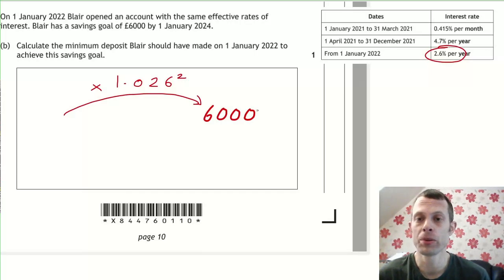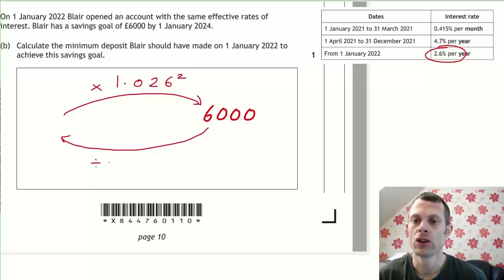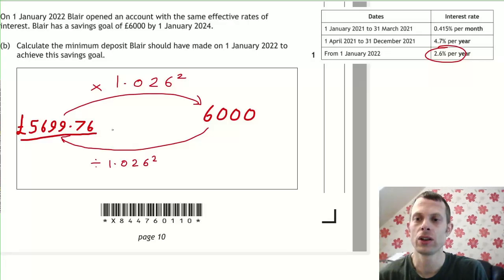Well, what's the opposite of multiplying by 1.026 squared? Dividing by 1.026 squared. So to get the initial amount, you take 6,000 divided by 1.026 to the power 2, and you get your answer, £5,699.76. And that is your final answer.